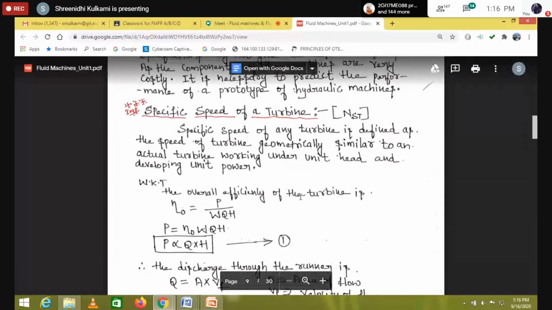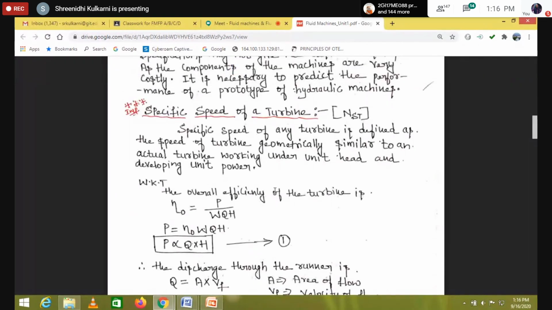The overall efficiency of any turbine is the ratio of power available at the shaft of the turbine to the power supplied by the water at the inlet of the turbine, whatever this WQH.